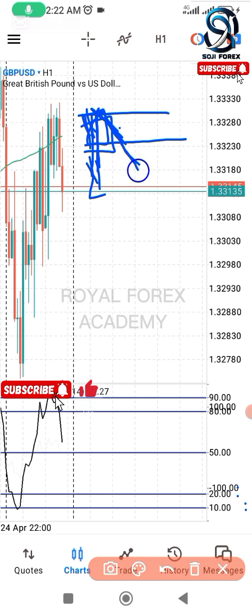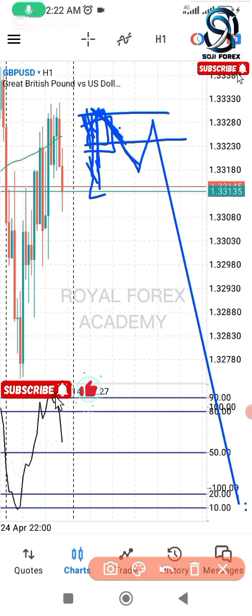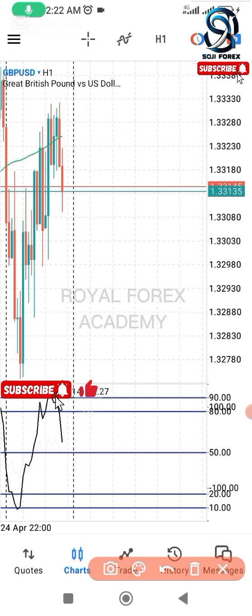Then you realize that price will come down and then price will go back inside of this candle, get rejected and continue to the downside. Again, you will get a candle formation this way.